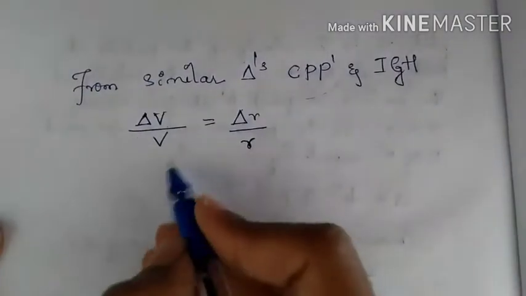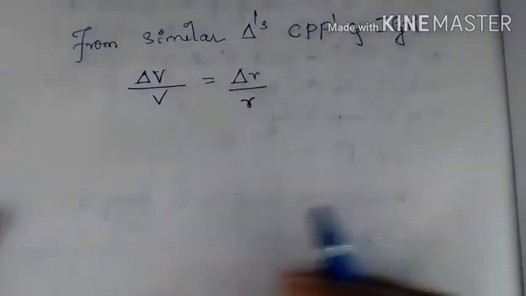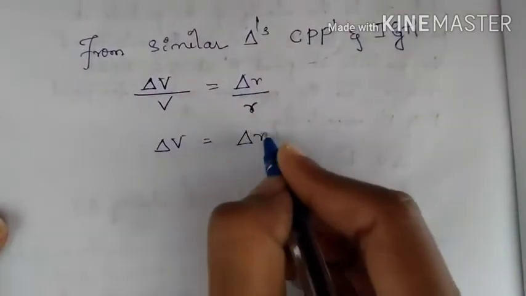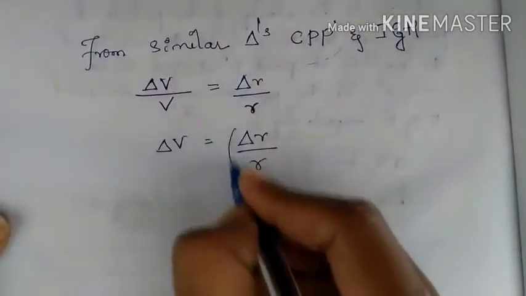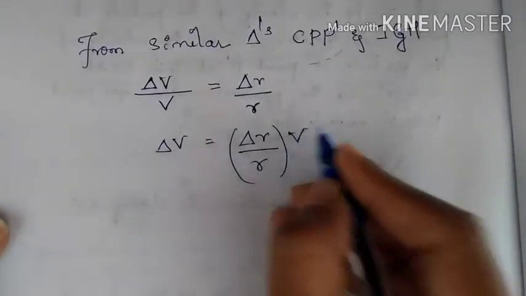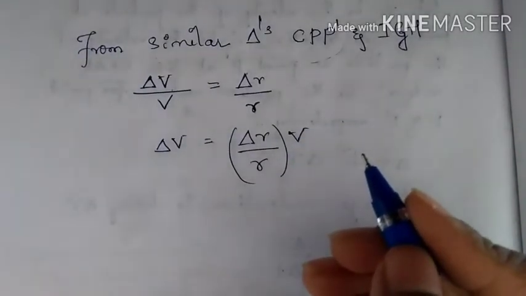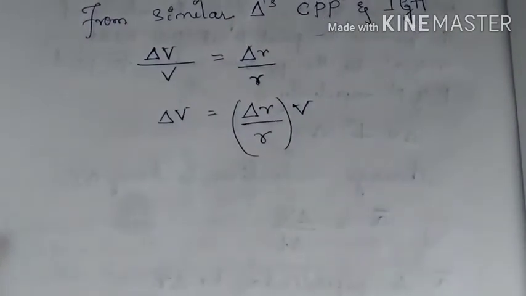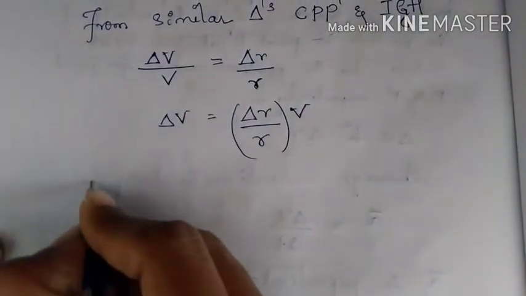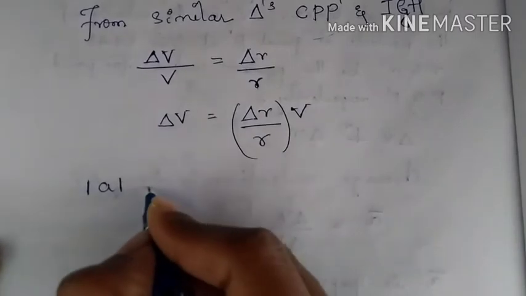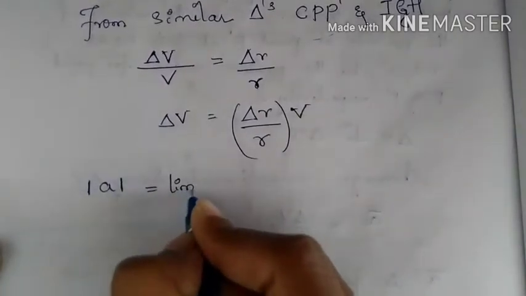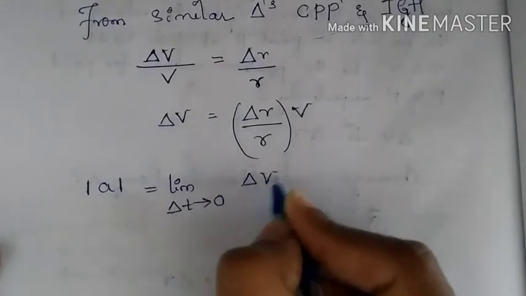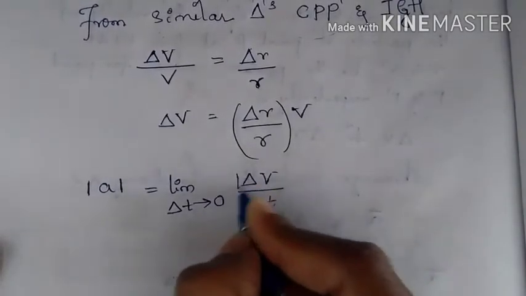So from this equation we can write what is delta V. Delta V will be equal to delta R divided by R multiplied by V. So this is delta V. Delta V is what? Rate of change of velocity. So now in our last expression we wrote instantaneous acceleration as limit delta t tends to 0 delta V divided by delta t.